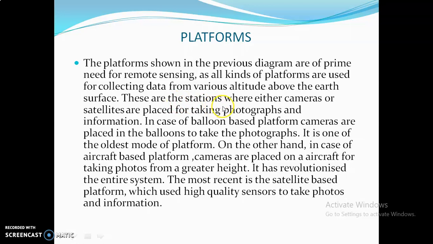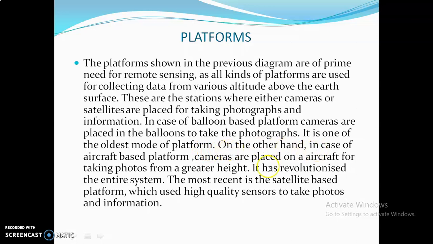These are the stations where either cameras or satellites are placed, for taking photographs and information. In the case of a balloon based platform, cameras are placed in the balloons to take the photograph. It is one of the oldest modes of platform.